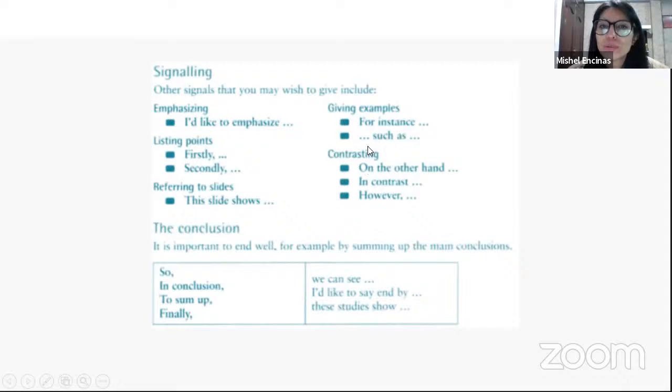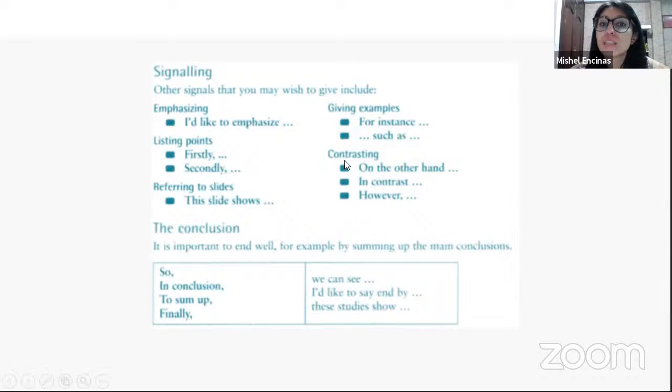Then giving examples. For instance, if you use this kind of drug for this kind of disease, you will find that. Or these drugs such as, and you give a name, are used to help in this kind of disease. Maybe, I don't know. What is your topic about?